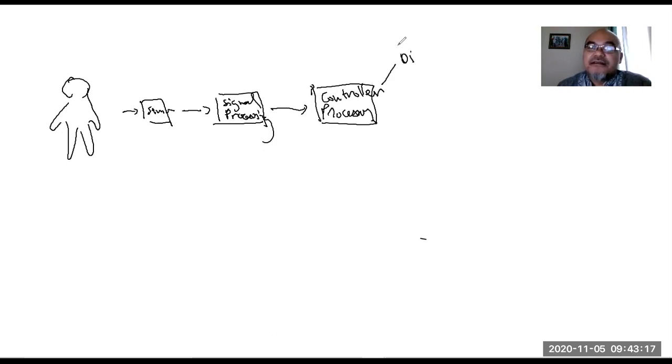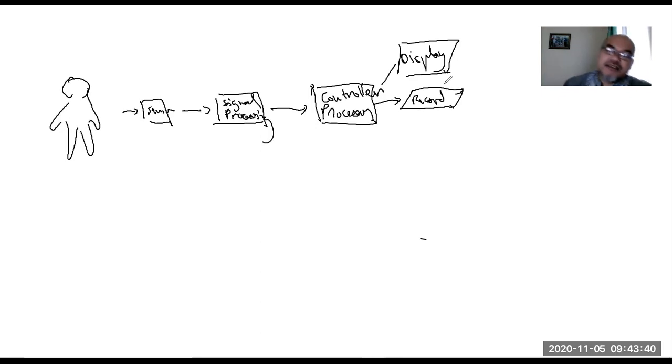From here, you can either display the data in the form of a monitor or chart, record it on paper, or record the data with electronic memory, which is very easy now, or store it in magnetic storage, hard disk, diskette, USB sticks, or communicate it to other devices.